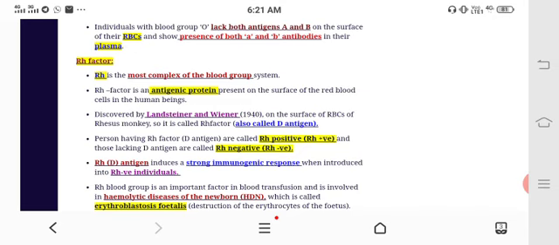Hence, it is called the RH factor. This RH factor is also called antigen D, anti-D. Now, the person having RH factor, antigen D, is called RH positive, and in those where this antigen D is absent, it is called RH negative.